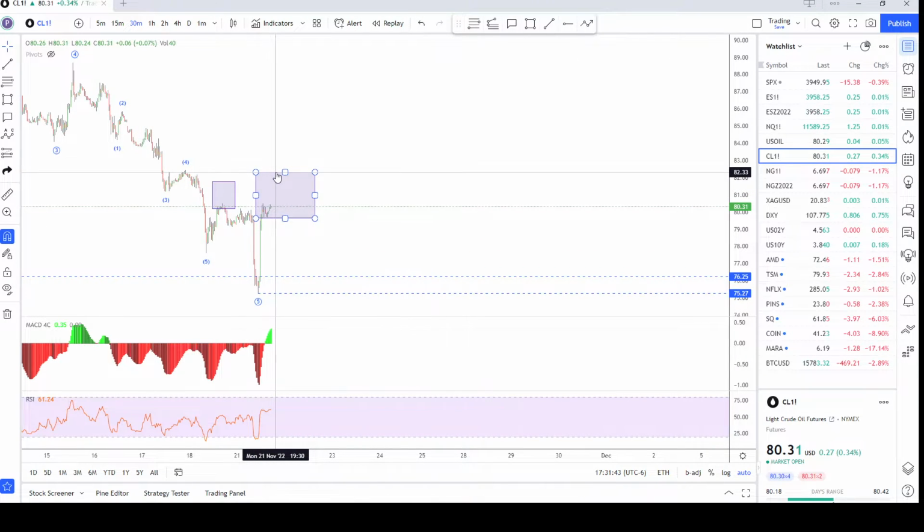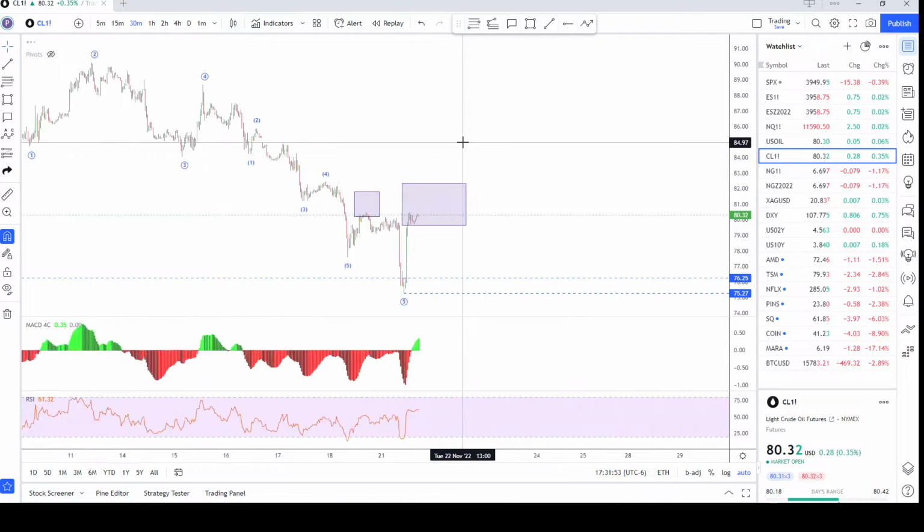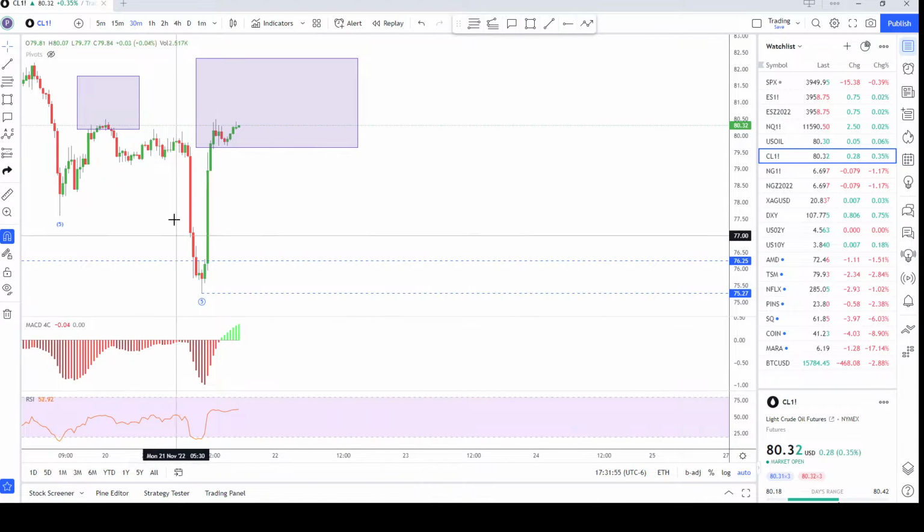So 82.33, it's already come into this up above like 79.66, already come into this zone. And it made a strong push. So it broke through and then boom, popped up. It's in this zone.